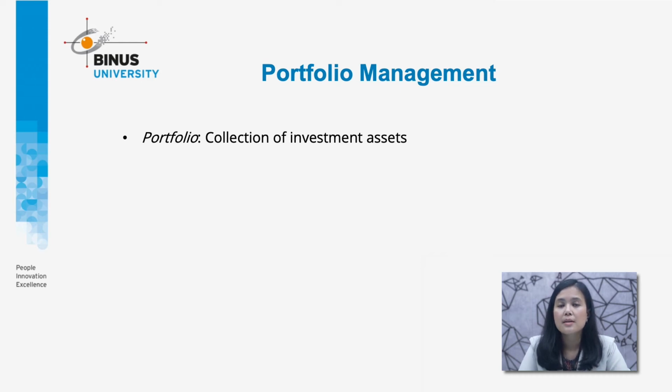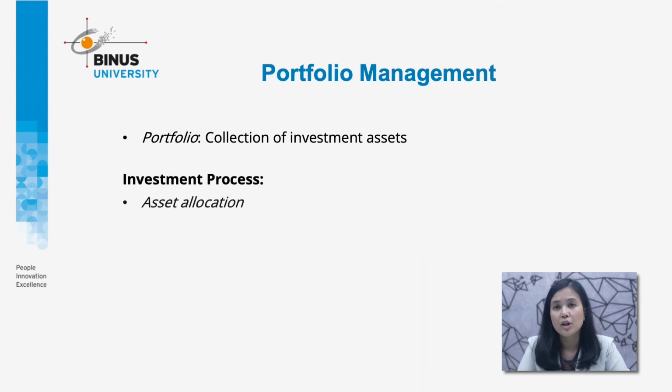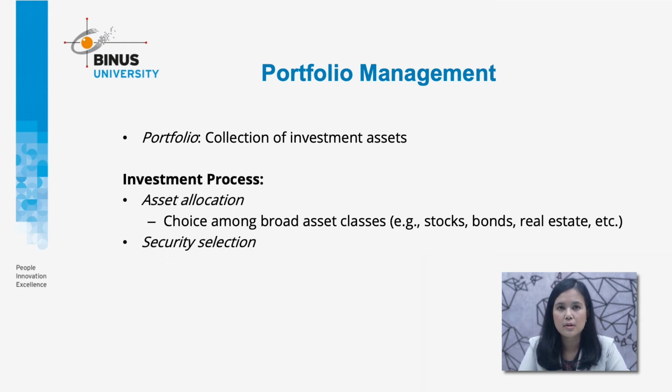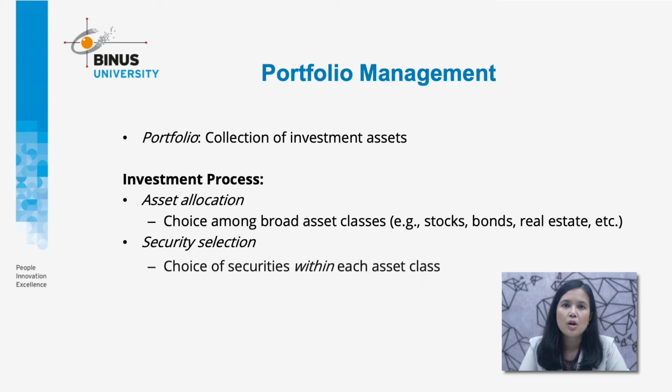The investment process is basically divided into two processes: asset allocation and security selection. Asset allocation is a choice among broad asset classes, for example stocks, bonds, and real estate, while security selection is the choice of securities within each asset class.